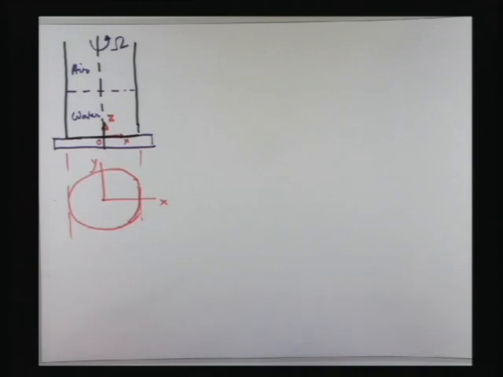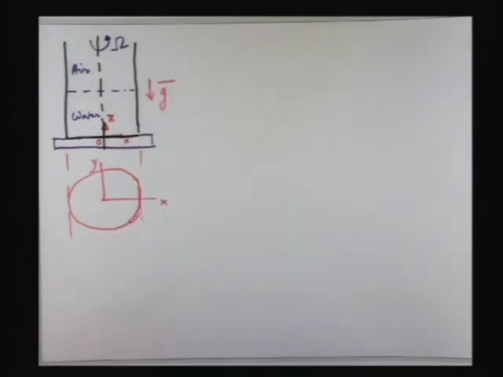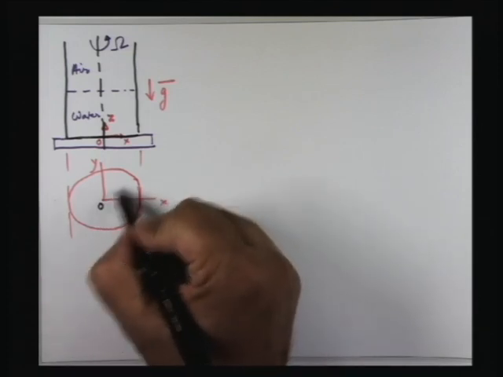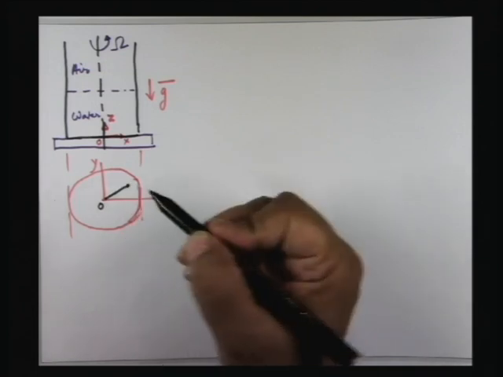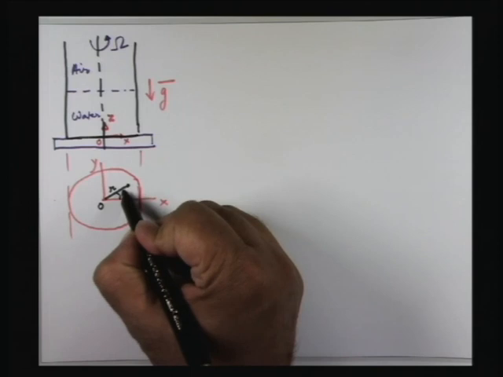So z, the gravity is this way. Now most books will do it in cylindrical coordinates. So if this is the origin, and you have a point here in the horizontal plane, if this is the radius r, this angle will be theta.